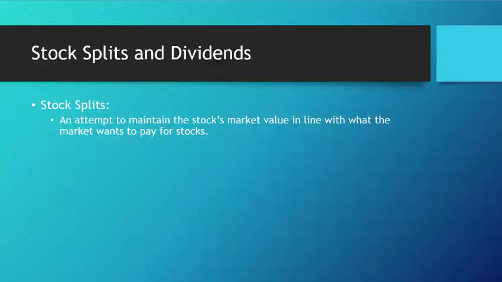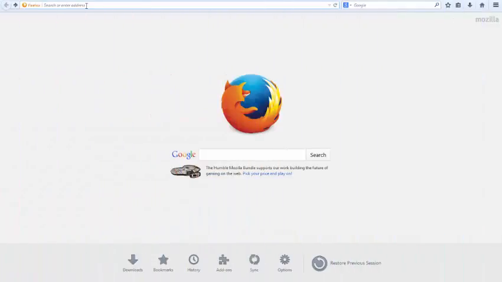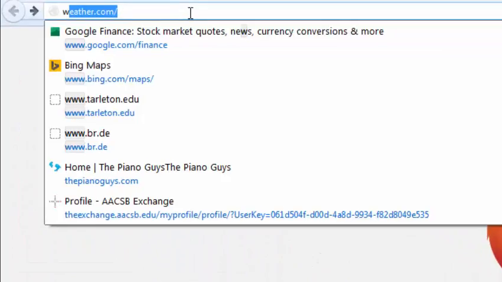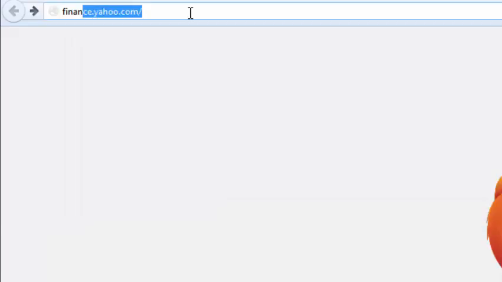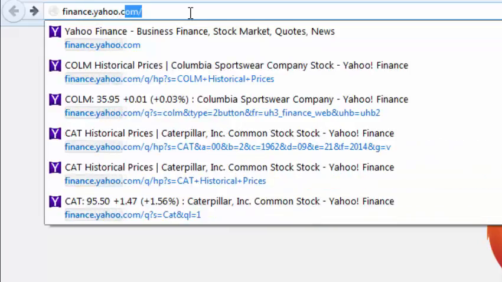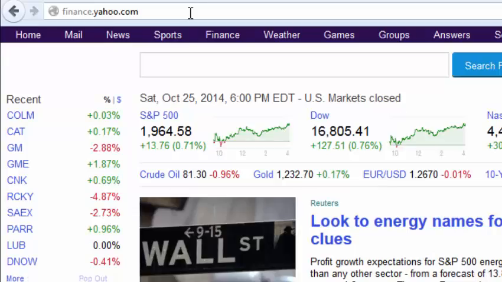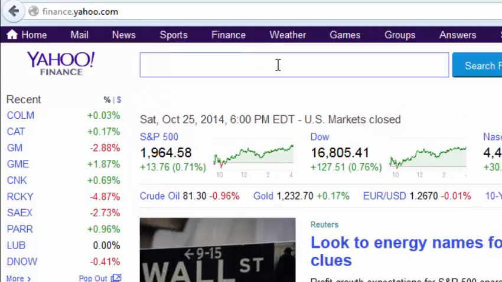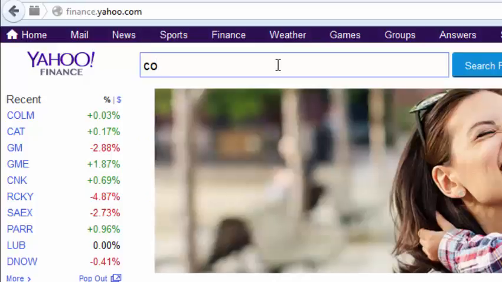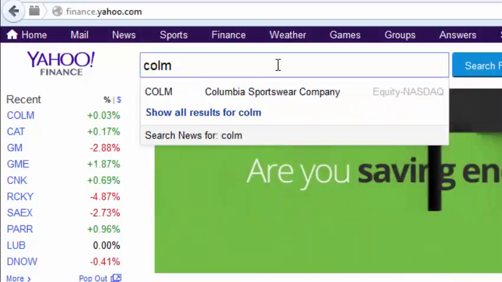Let me give you an example of this as well. In this instance, I'm going to go to finance.yahoo.com. I'm going to look up the company that's called Columbia Sportswear, COLM. Ooh boy, I'm stumbling all over my keyboard here.